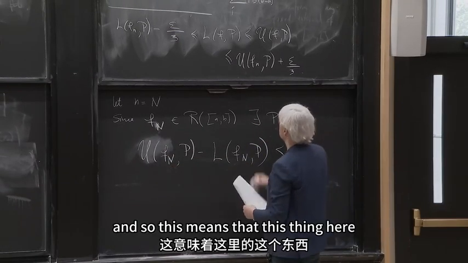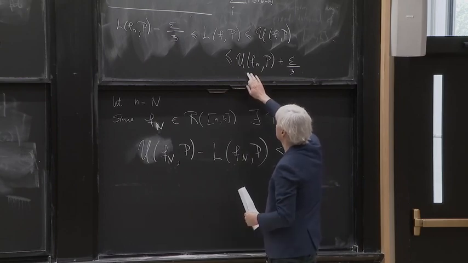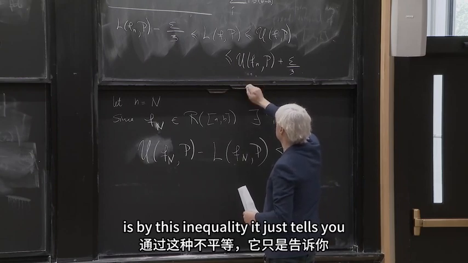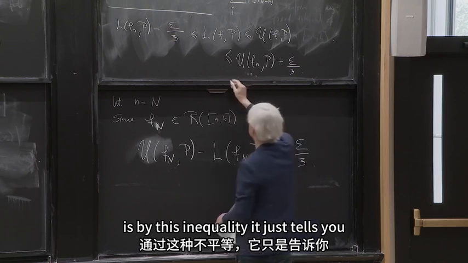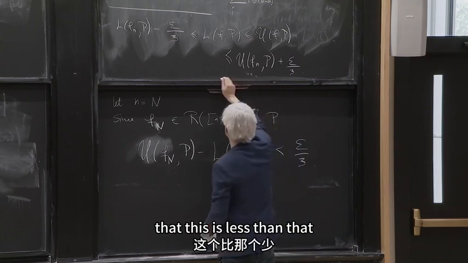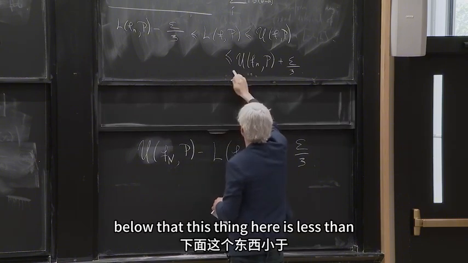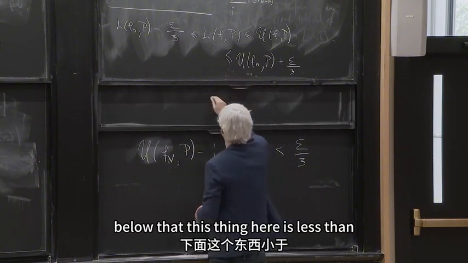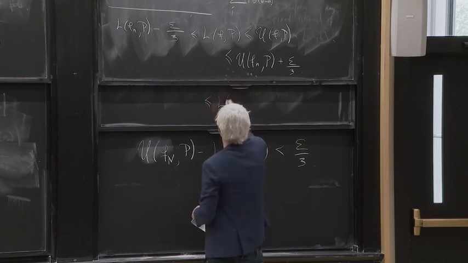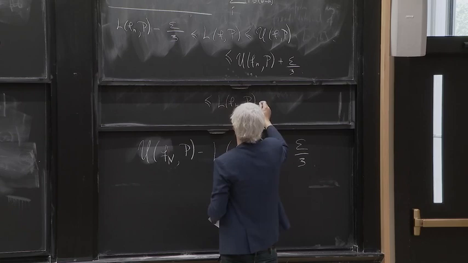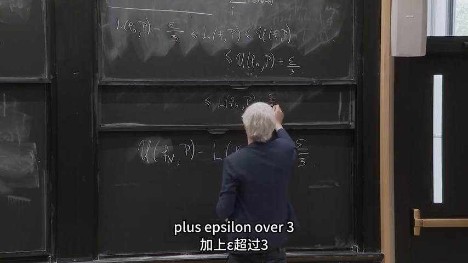And so this means that this inequality just tells you that this thing here is less than LFN P plus epsilon over 3.